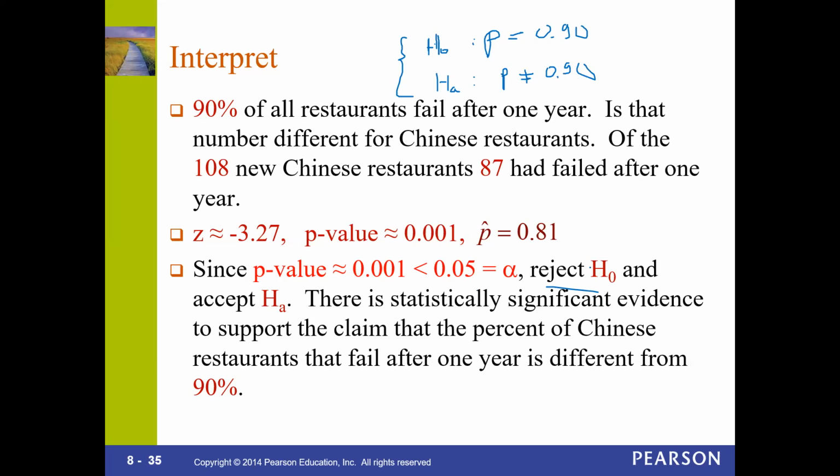Because the p-value is less than alpha, that means you reject H0. So I'm gonna reject the first one. That means I have evidence for that. This is correct. That means it is different from 0.90. That's different. This is acceptable. Okay. So this is what I'm gonna be doing.